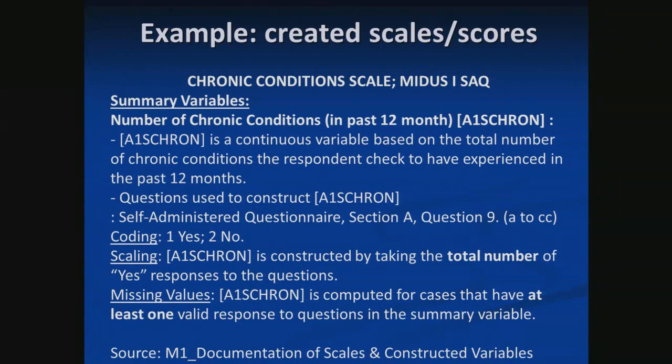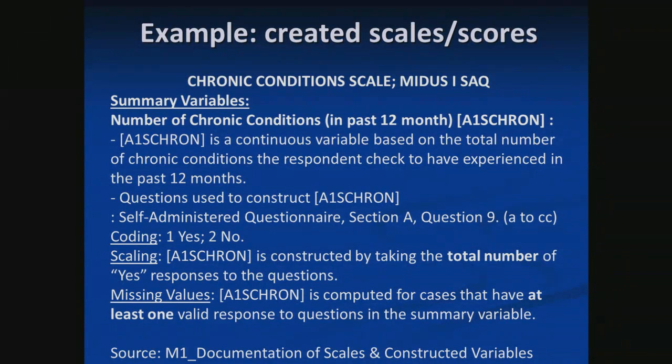So I look at the documentation, and I see that the continuous score is based on the total number of chronic conditions that the respondent checked to have experienced in the past 12 months. Now, it tells me here the questions that they answered, A to CC. I want to look those up because I want to know if those 12 conditions are the ones that I want to include in a scale. Okay, so that's the first thing I'm going to look at.